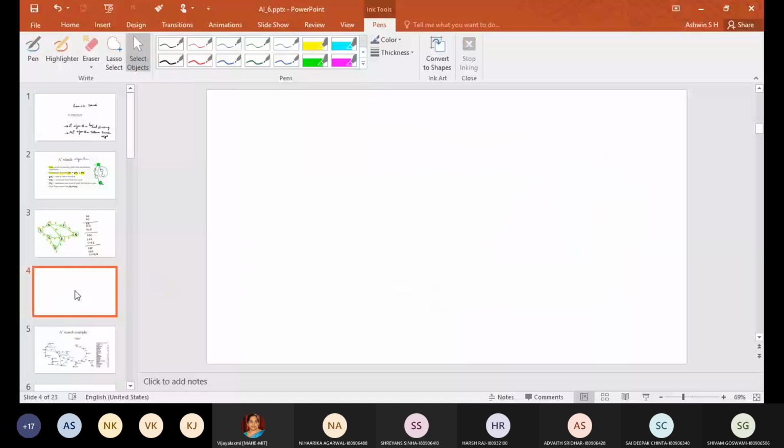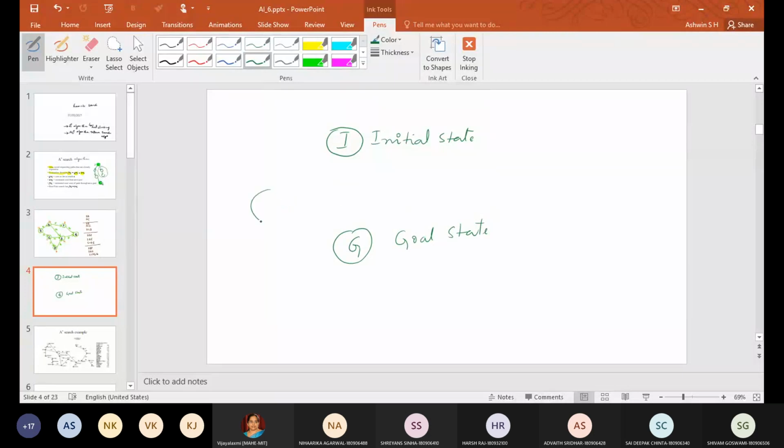Let us assume that this is the initial state, which I will call I. And this is the goal state. If you want to reach the goal state, you have to go through this current state.